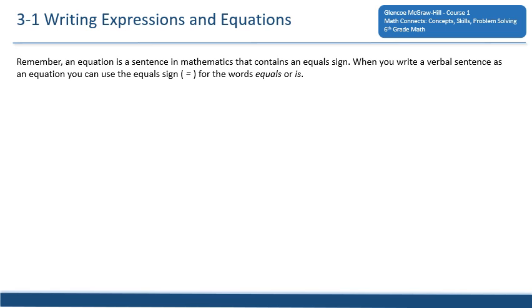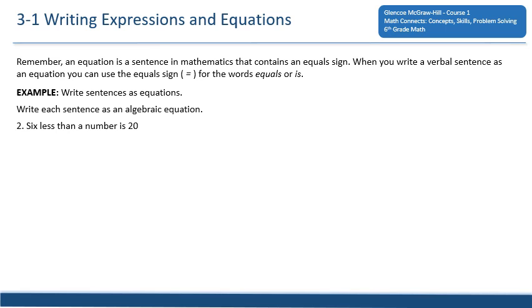Remember, an equation is a sentence in mathematics that contains an equal sign. When you write a verbal sentence as an equation, you can use the equal sign for the words equals or is. Write sentences as equations. Write each sentence as an algebraic equation. 6 less than a number is 20.